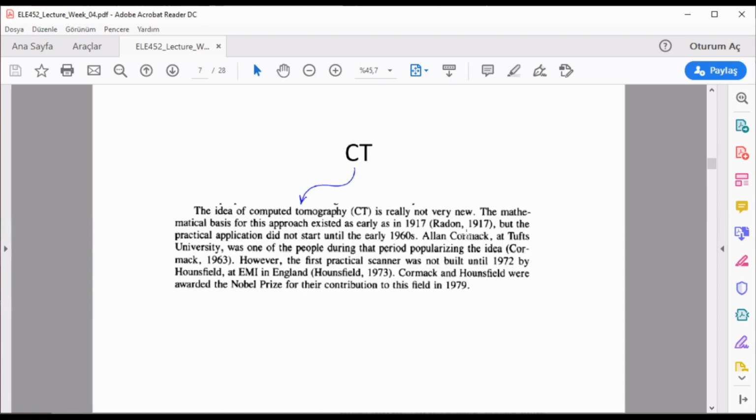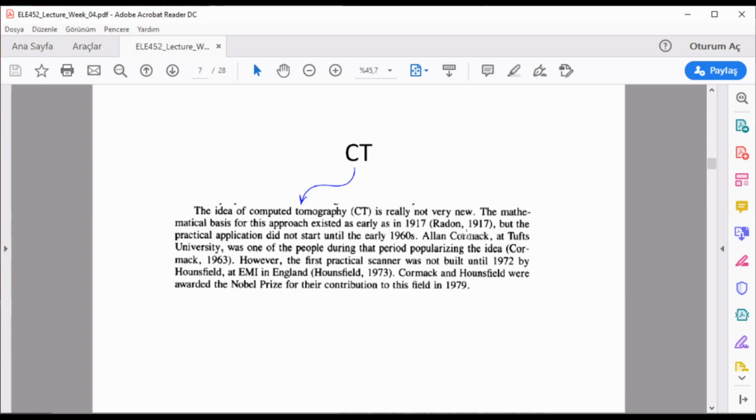These computers are basically creating the image that is being obtained. So in short, X-ray tomographic systems are called CTs, computerized tomography systems.